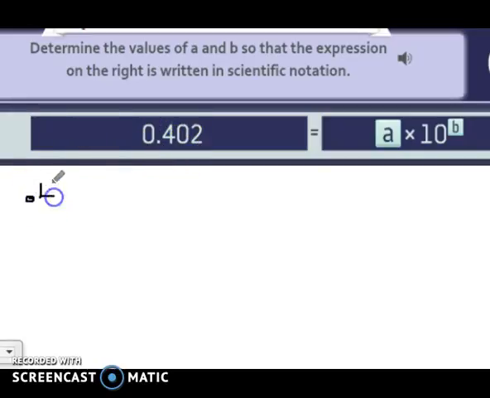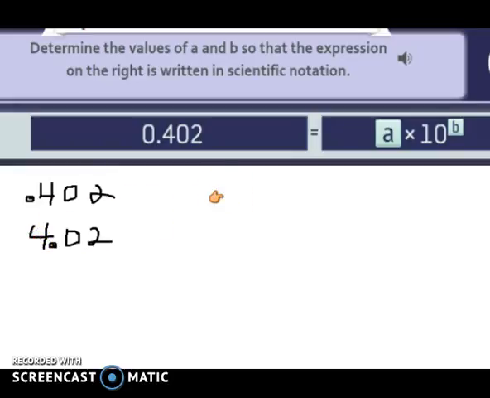If I have 0.402, to get this into scientific notation, I don't really have to do any thinking too much. I just know I need to put a number and then a decimal point after it. So now let's look at the two numbers. I had a smaller number and I made it bigger. So if you're going from small to big, your exponent is going to be negative.